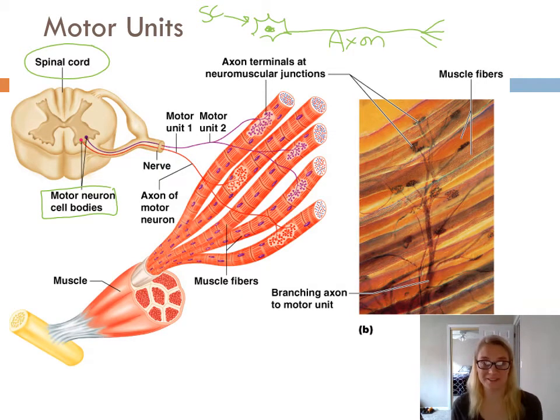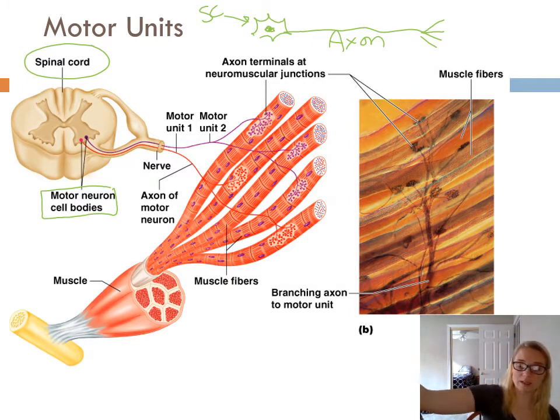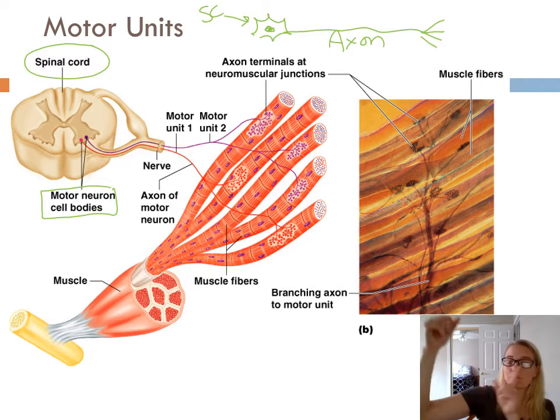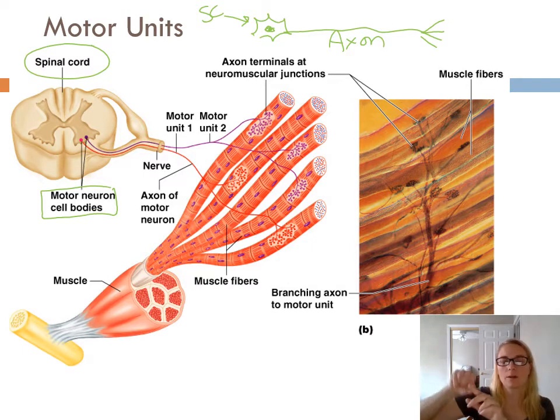Well, it depends on what body action you are trying to do. If you're doing a big muscle contraction like this, you might have one motor neuron coming out. We'll say it's the red one, motor unit number 1.